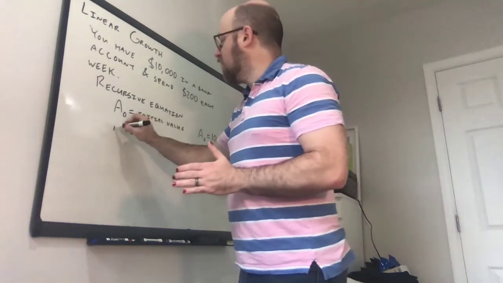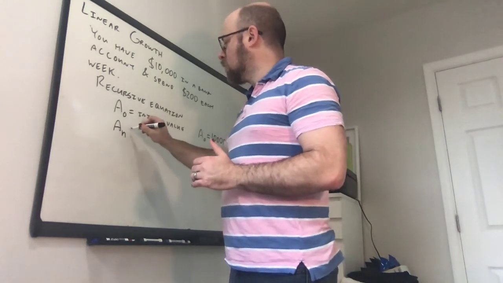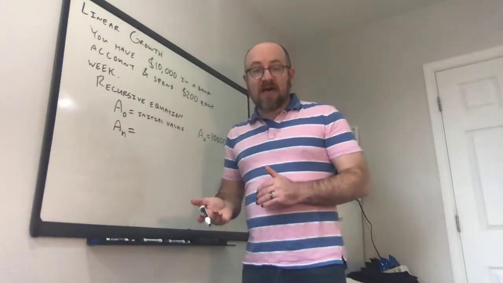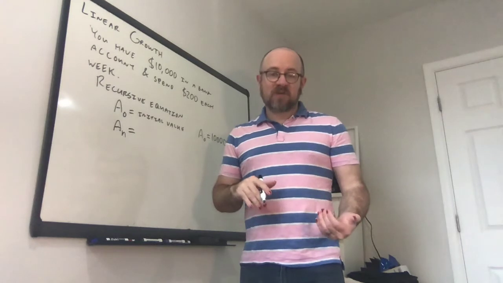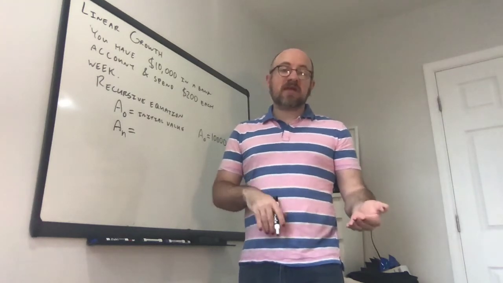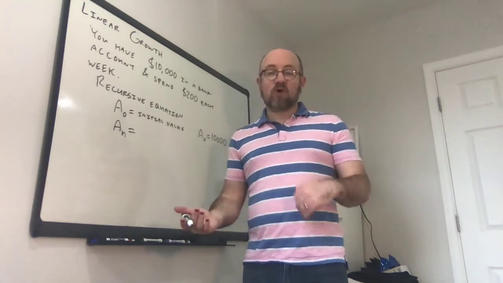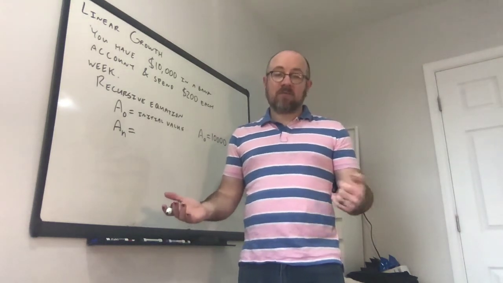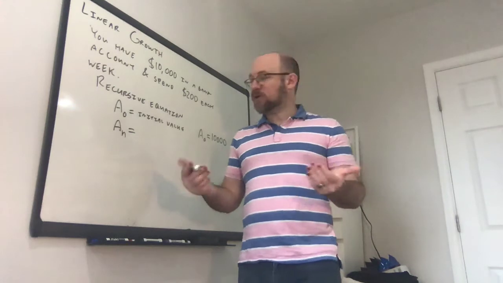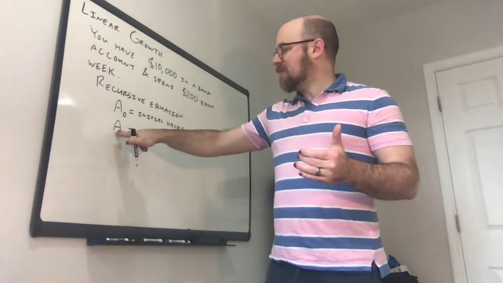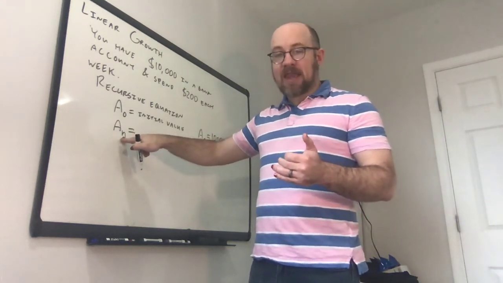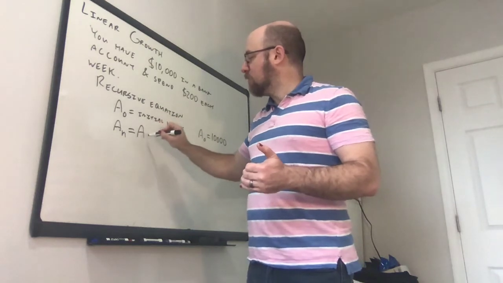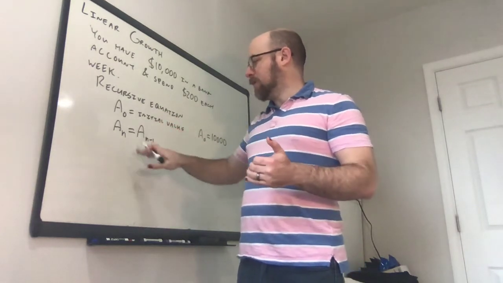If we want the value in week n, we're going to take the value from the previous week. So if we're in week 5, we would take the value from week 4. If we're in week 10, we would take the value in week 9. If we're in week 15, we would take the value in week 14. And so the way we write that mathematically, if we're in week n, we're going to take the value from week n minus 1. Okay?